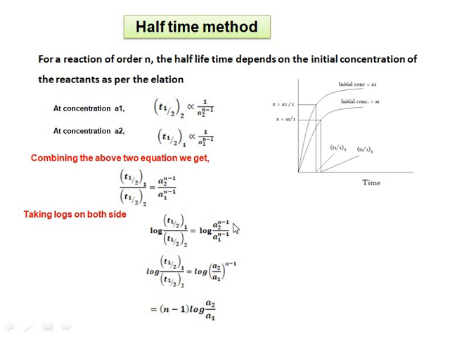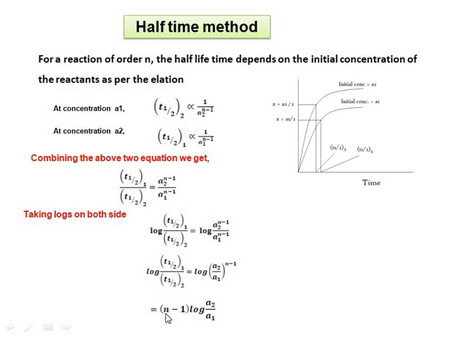Therefore, the equation becomes log of t half 1 upon t half 2 is equal to log of a2 upon a1 raised to n minus 1. And therefore, for those calculations, we get n minus 1 into log to the base 10.